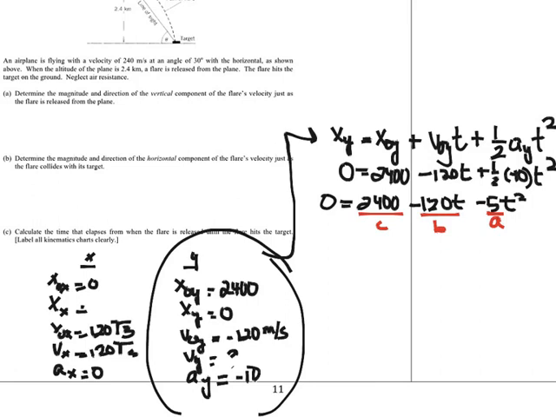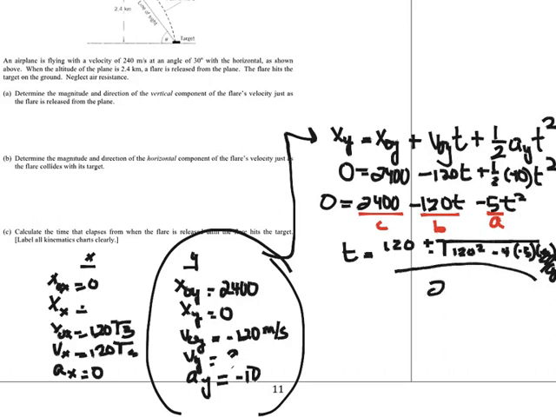And so we have t is equal to negative b, so that is positive 120, plus or minus the square root of 120 squared minus 4 times negative 5 times c, which is 2400. And I'm going to divide that all by 2 times negative 5.